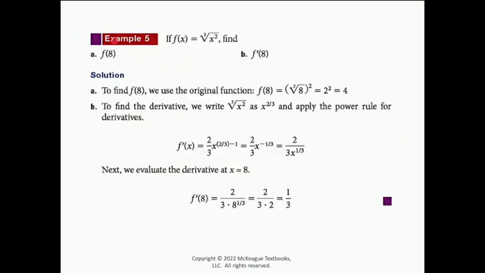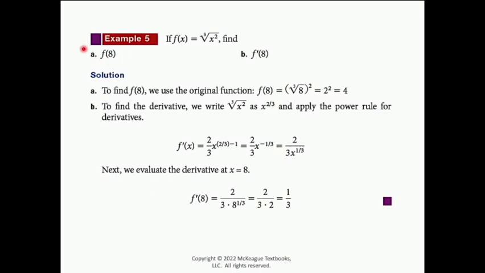Okay, let's look at example 5. We have f of x is equal to the cubed root of x squared. I suggest, because it makes it so much easier, when you're taking the derivative of a function that involves any kind of root, rewrite that in exponential form, because then you can use the power rule.